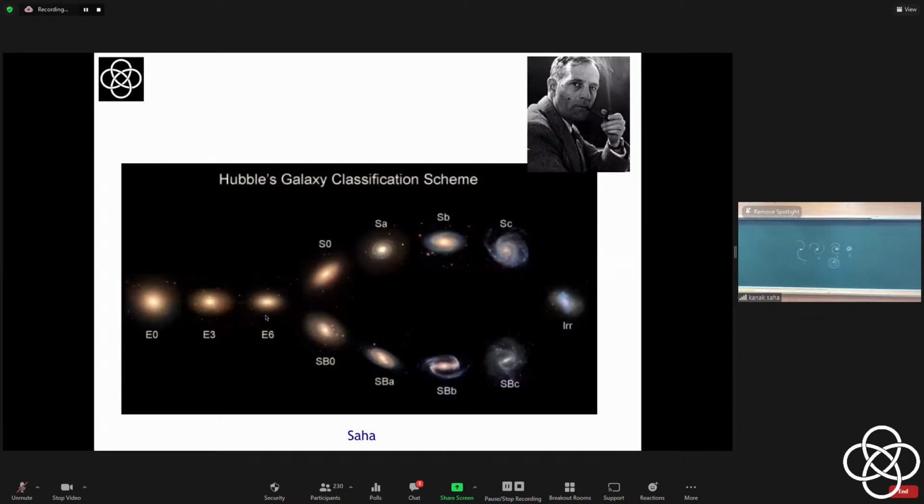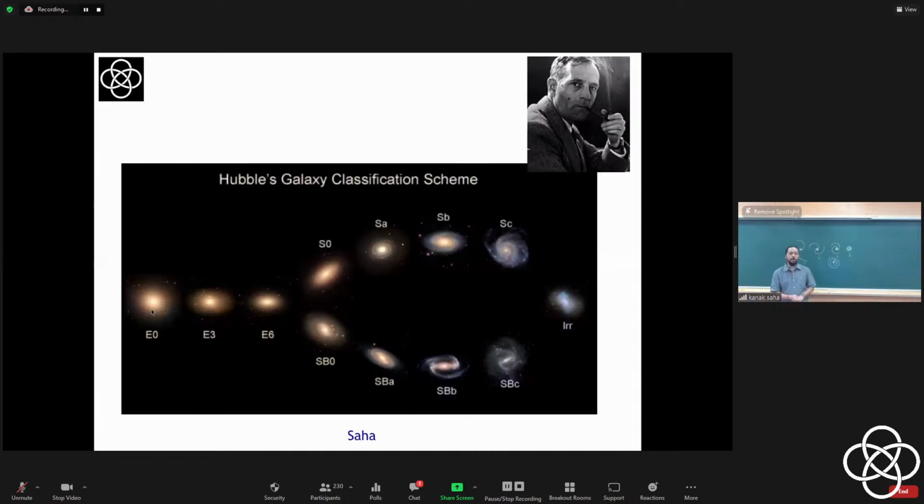Okay. And then on this side, there are galaxies called the elliptical galaxies, in which this is E0, E1, E2 up to E6. Greater than E6 do not exist for reasons of instability.